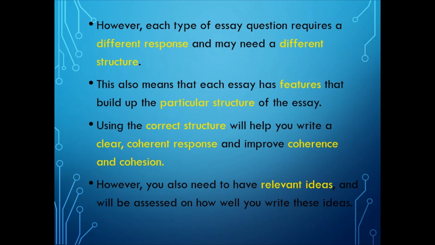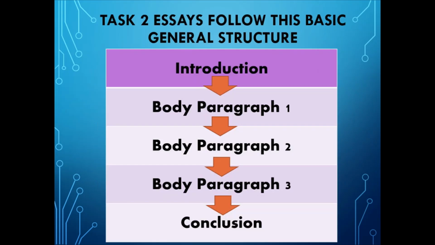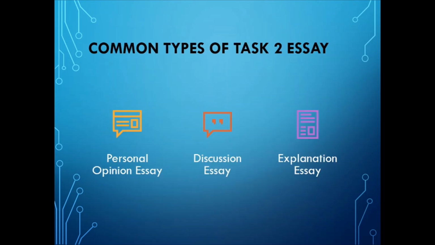So each type of essay question requires a different response and may need a different structure. This also means that each essay has features that build up the particular structure of the essay. So for example, we have personal opinion essay, discussion essay, and explanation essay.